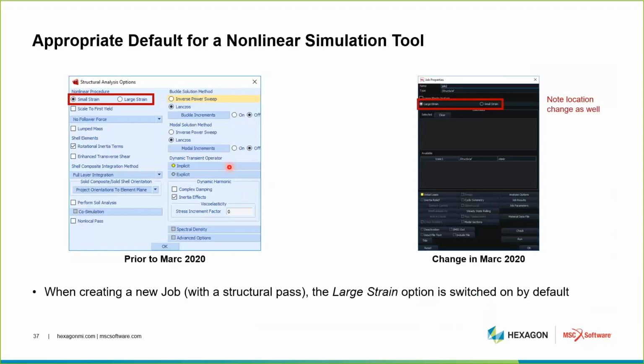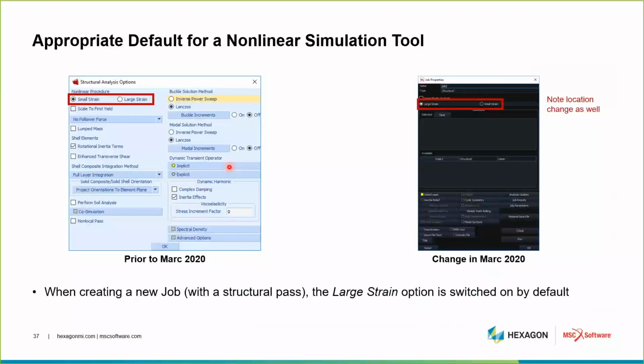And then this one is also one that I've struggled with for some time across, I think, a large part of the whole CAE industry. It's not uncommon that when you create a structural analysis, even in a nonlinear tool, the default is small strain. Prior to March 2020, that was the default.